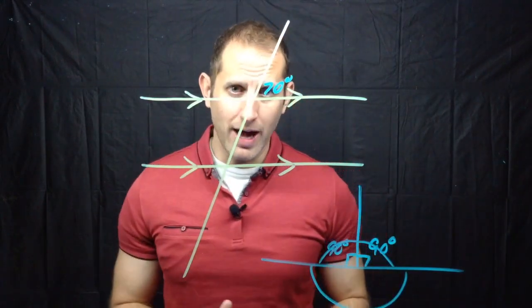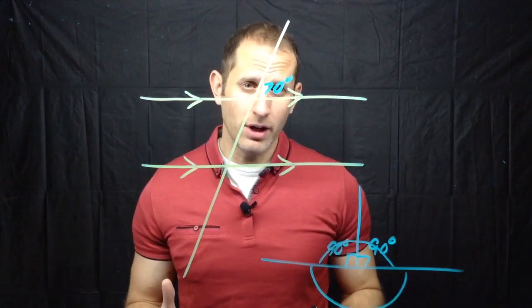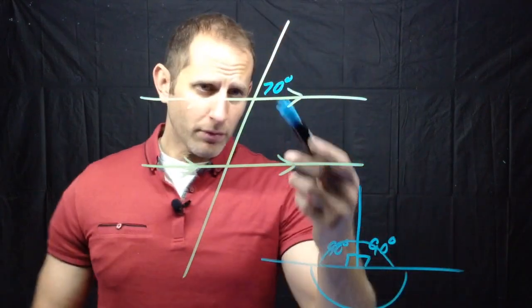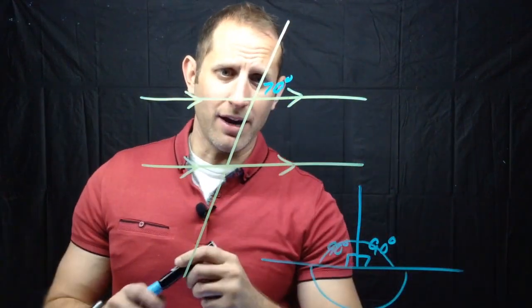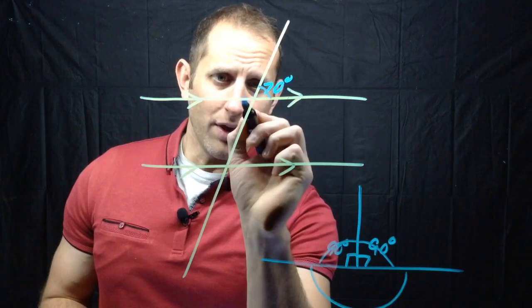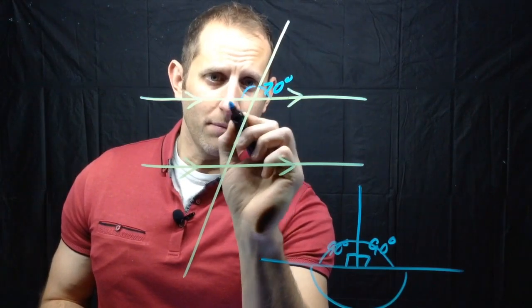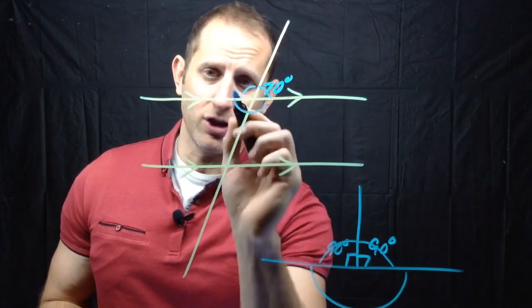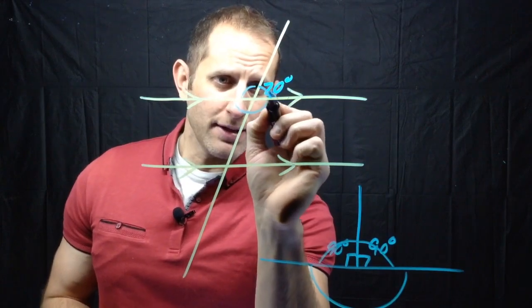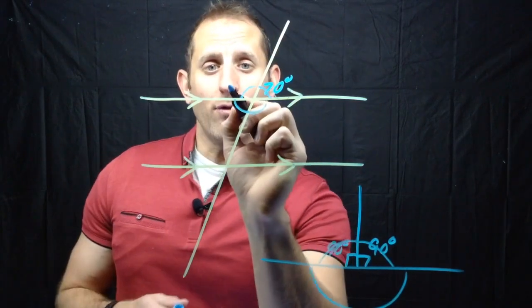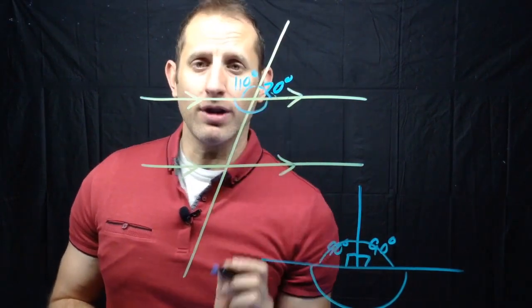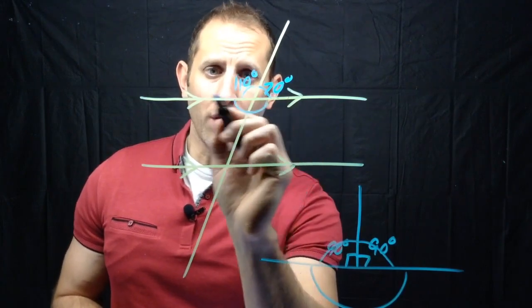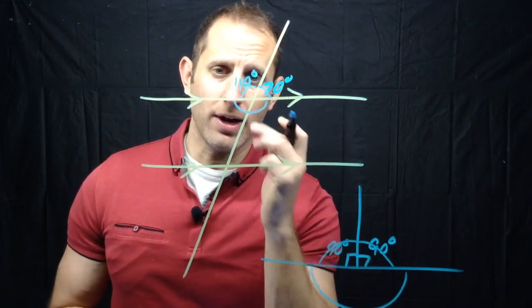Remembering that a supplementary angle is 180 degrees, let's figure this out. So if we have 70 degrees right here, and let's say we want to know what this missing angle is right here, because this right here is a straight line, if this is 70 degrees, then if we add 110 degrees to it, it will be 180 degrees or create this straight line.